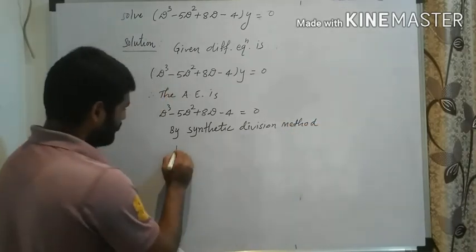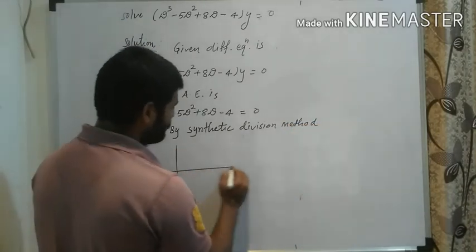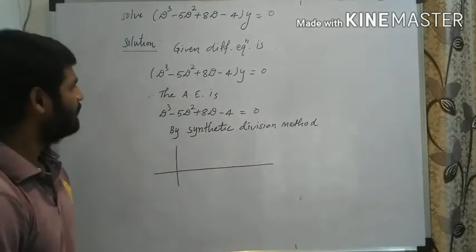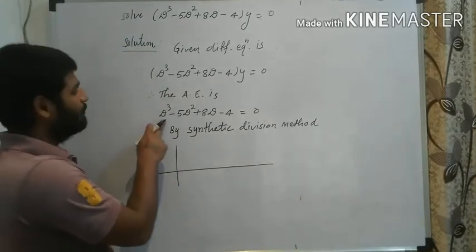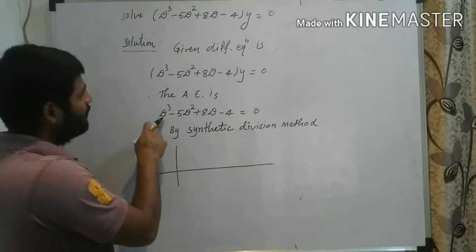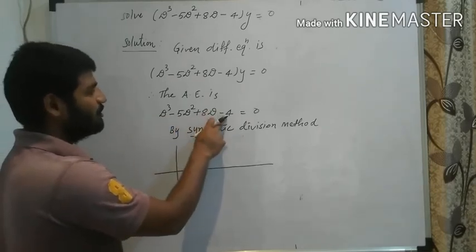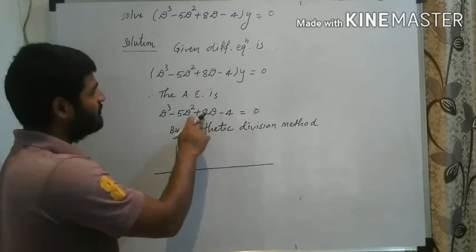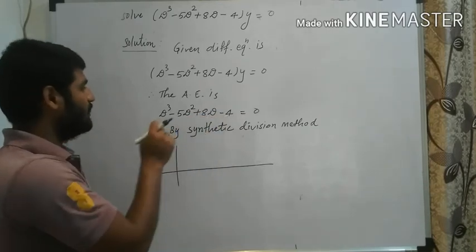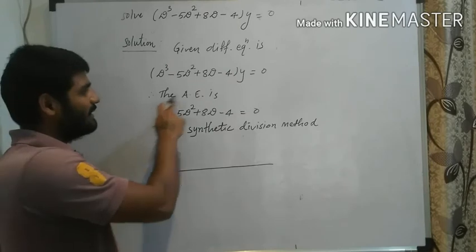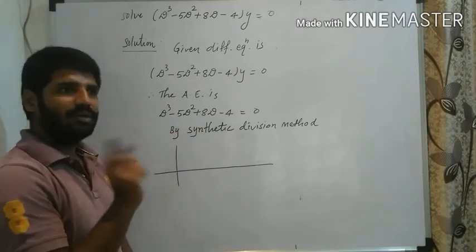So by synthetic division method, we have to find first root by trial and error method. So see, if we put 1 here, we get 1 minus 5, that is minus 4, and this minus 4 we get minus 8, and this plus 8 we get 0. That is, if we put d equal to 1, it satisfies this equation. That means 1 is the first root.